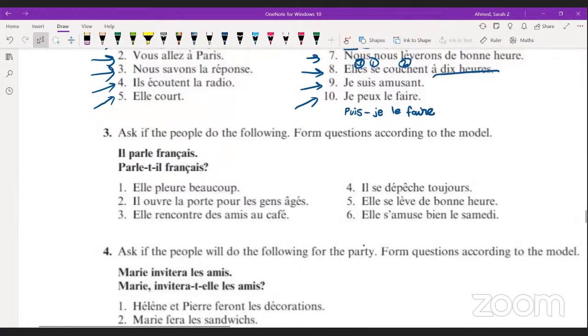Let's see, how much time do you have left? Okay, so we can probably do one more. Form questions according to the model. The first sentence, il parle français. Parle-t-il français? Can you first translate the first sentence?